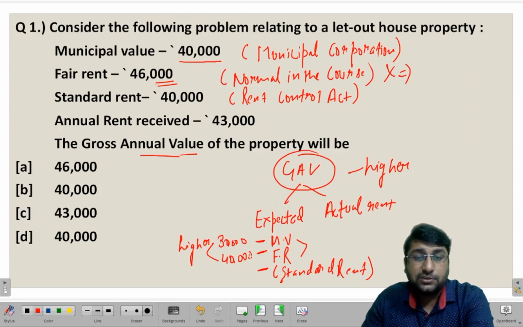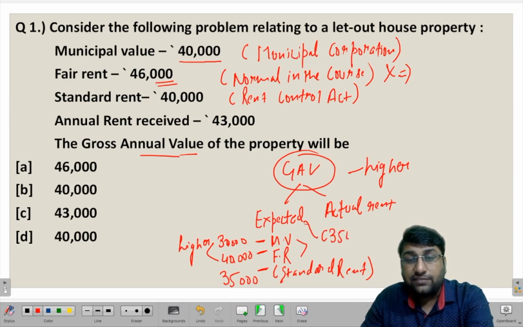For example, where the municipal value is 30,000 and the fair rent is 40,000, if the standard rent would have been 35,000, then the expected rent that we must take is 35,000. So this is about expected rent, and the actual rent could be anything.